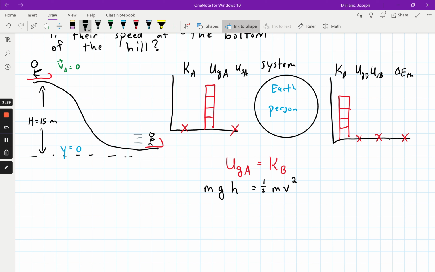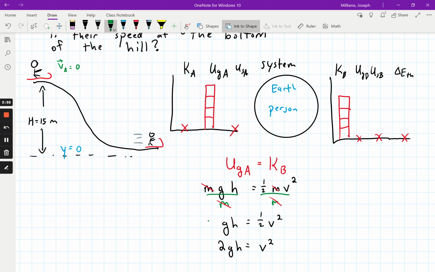All right. We notice that each term has mass in it. So we can divide every term by mass. Mass divided by mass equals 1. And we're left with g times h equals 1/2 v squared. We multiply each side by 2. We end up with 2gh equals v squared.